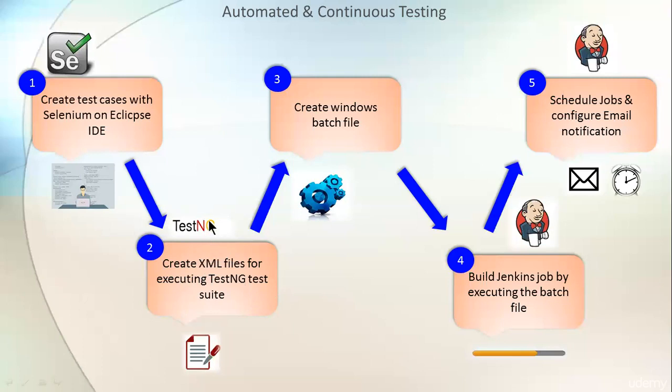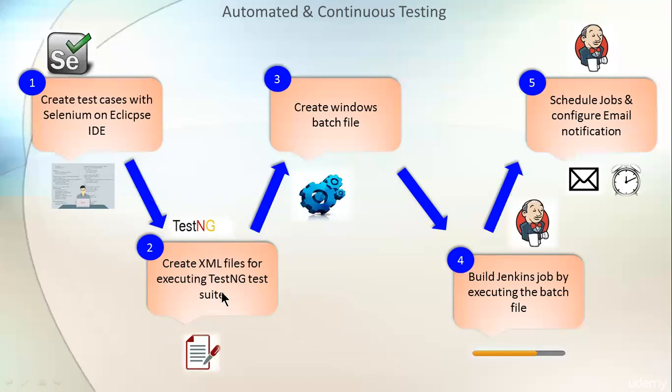Now TestNG has a few prerequisites. One is our source code, another is all the dependencies along with this XML file. When we create or execute this XML file, all the dependencies should be with it, otherwise the execution will fail.